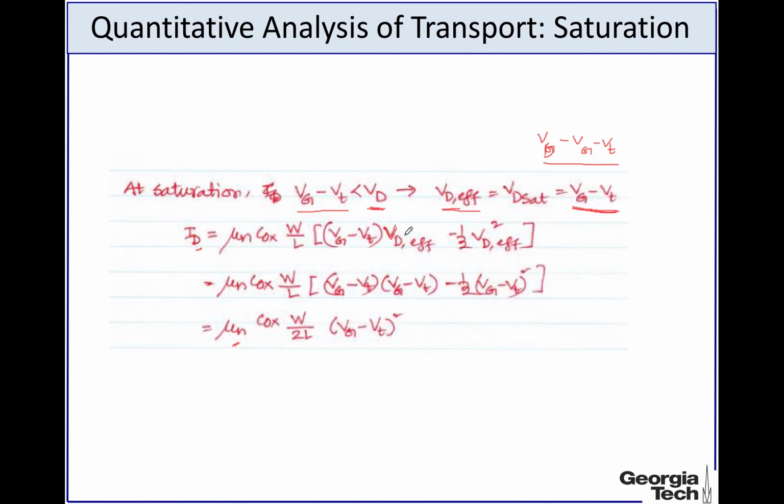It does not become zero, but it becomes independent of drain voltage. Even though you keep on increasing the drain voltage above Vg minus Vt, the drain current does not increase.